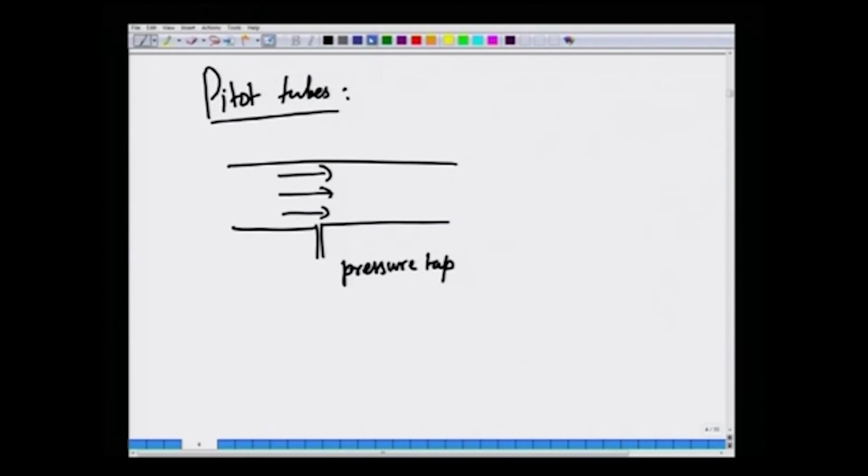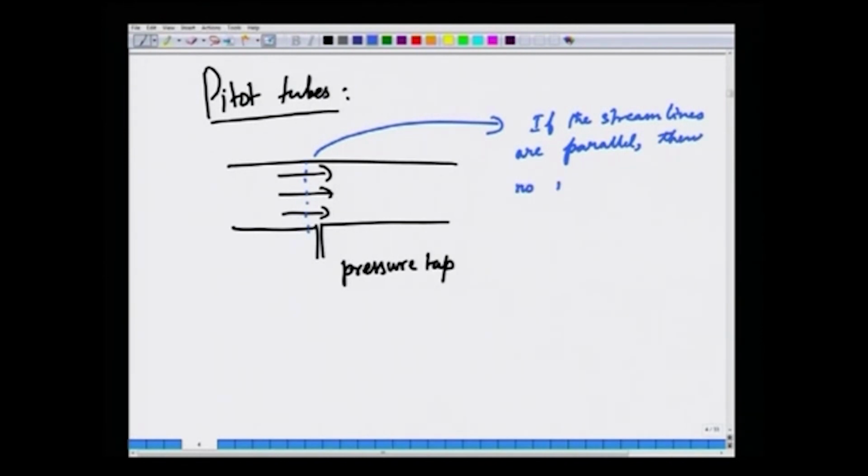Then it turns out that there is no normal variation of pressure if the streamlines are straight, which we will see later. Okay. If the streamlines are parallel, then there is no normal variation in pressure.